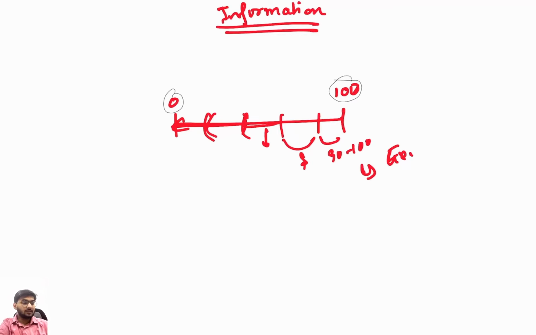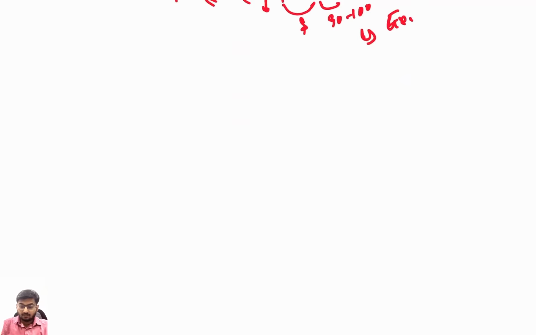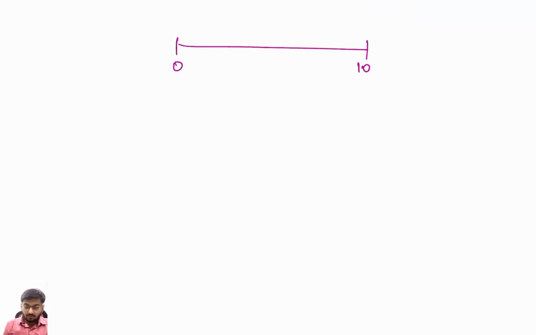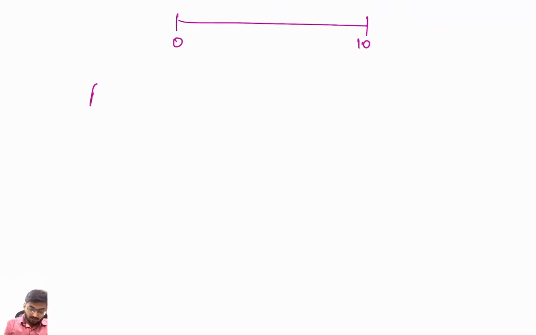So in our case, what is the number? The number is 0 to 10. Clear? Now over here you will first have the raw data. That raw data will be transformed into indicators.